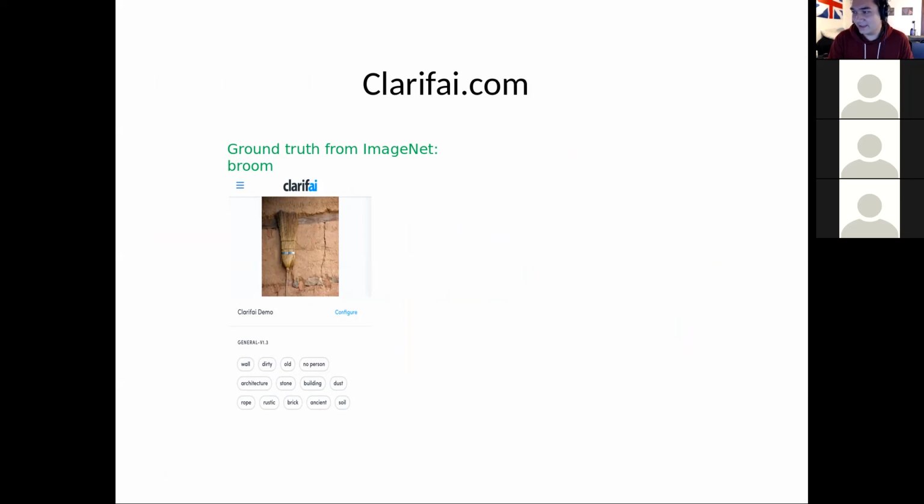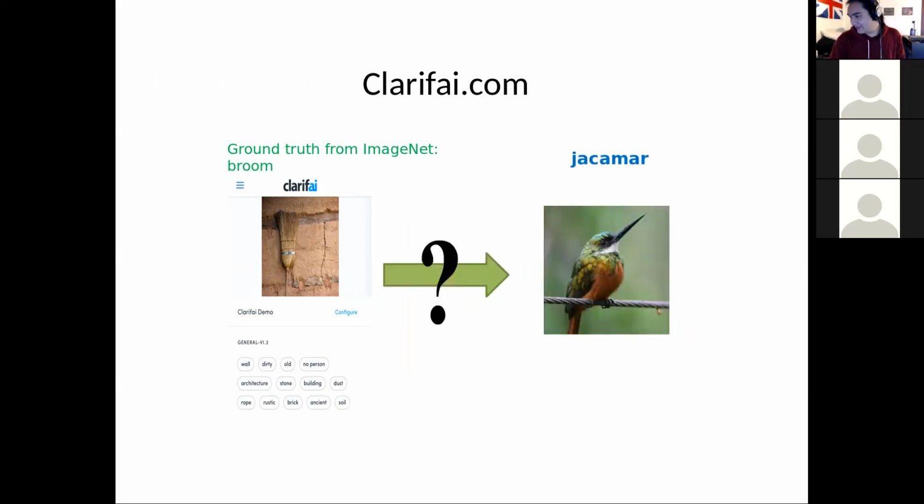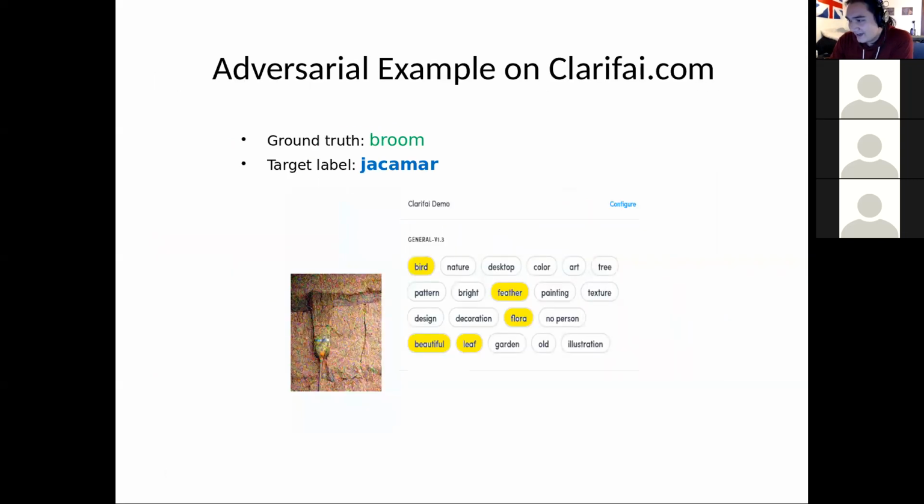So the ground truth is Broom. The goal is to attack to this weird bird. And we can get close, but we can't necessarily, with these white box attacks, get the exact class that we're looking for.